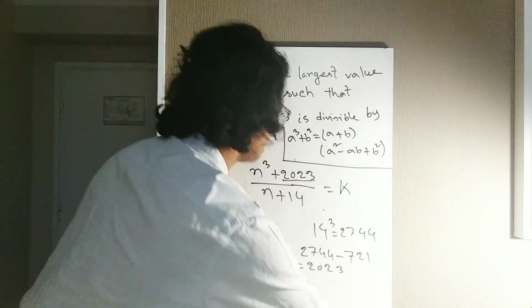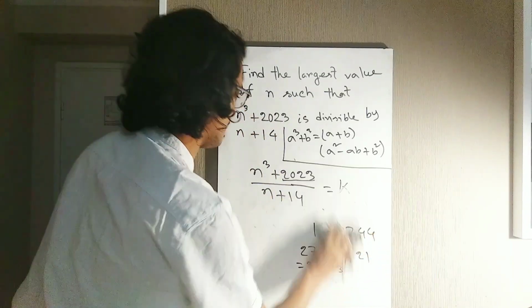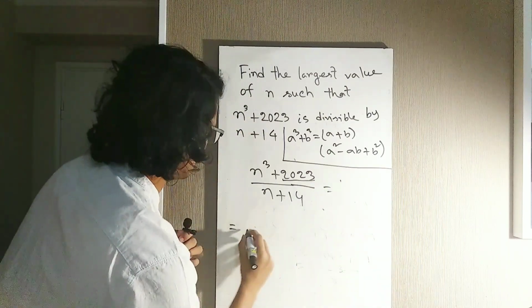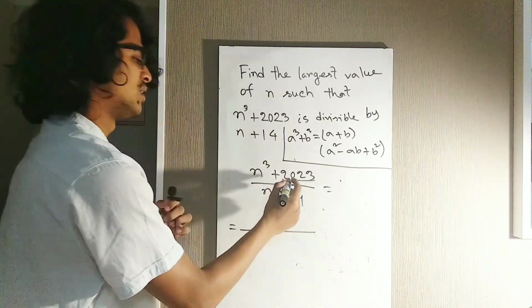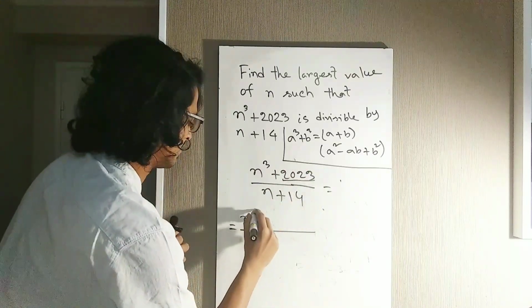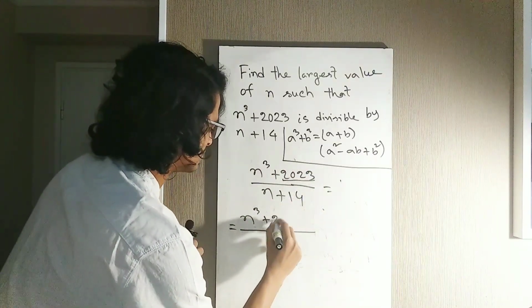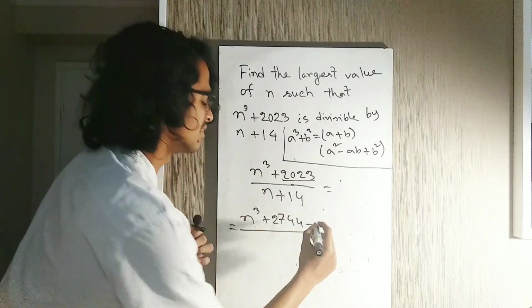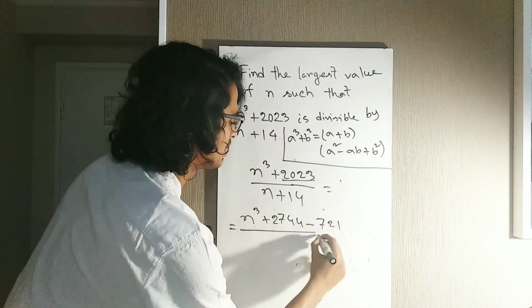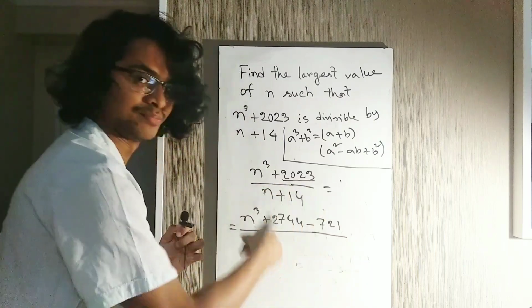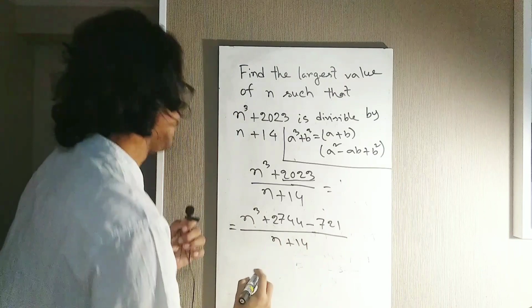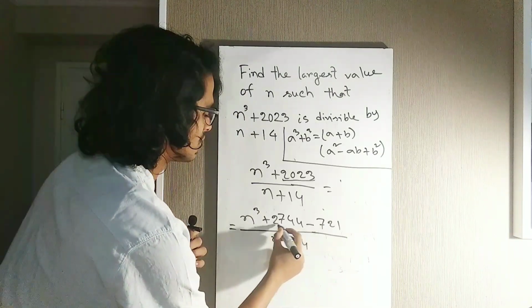So we're going to write the numerator like this. If I write 2023 as 2744 minus 721, and in the denominator I have n plus 14. Now, what is 2744?